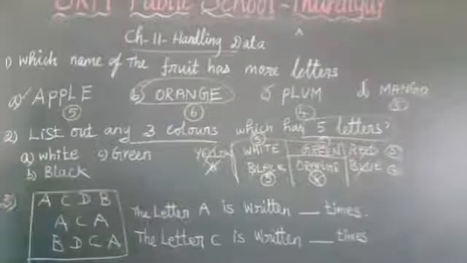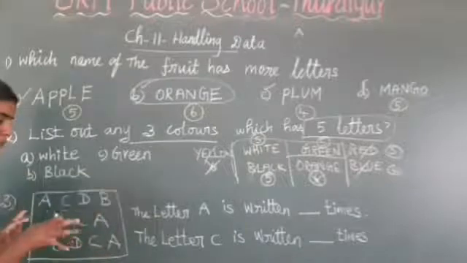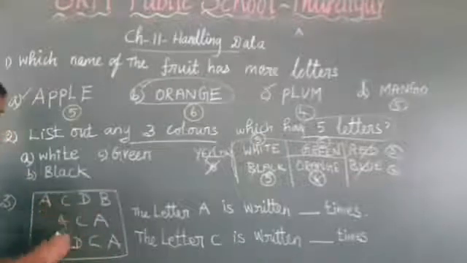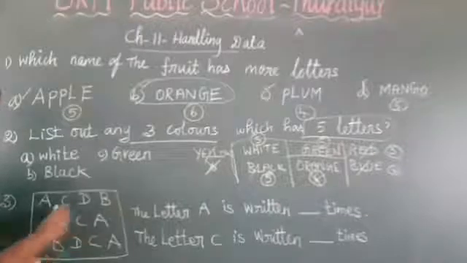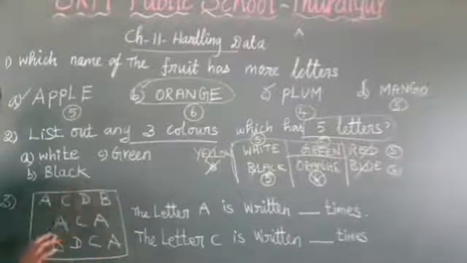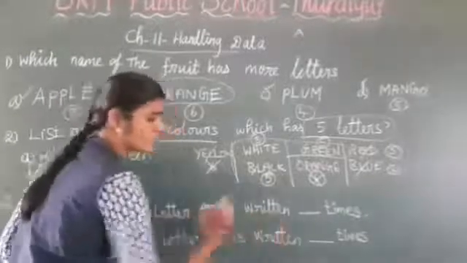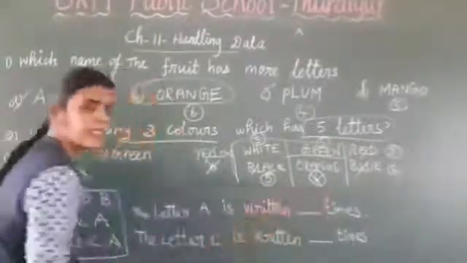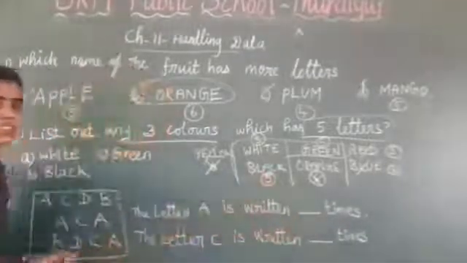Next, come to the next question. A, C, this is one of the boxes. In this box, 4 different letters have been written. See, A is written how many times, B is written how many times, C and D also. See the question here. The letter A is written how many times? Next, the letter C is written how many times? That is the question.